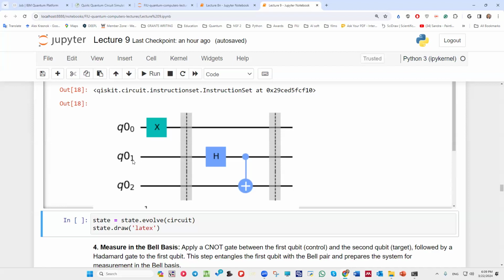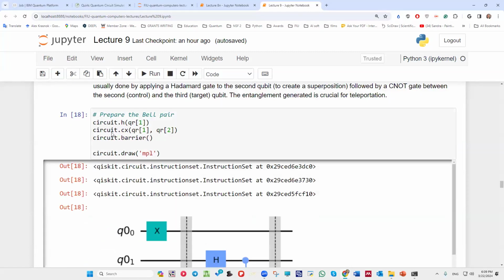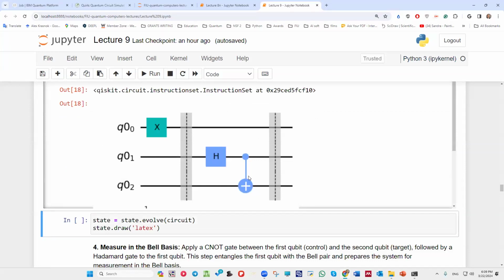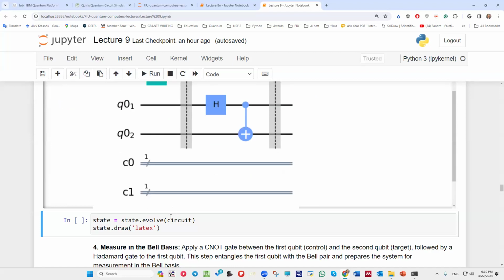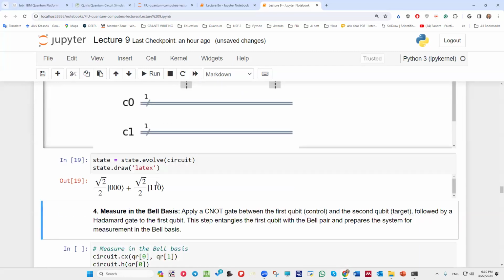The qubit 1, she shares this qubit, she entangles this qubit with Bob's qubit, which is qubit 2. Okay, so at this stage, at this step 3, Alice and Bob create the shared entangled pair of qubits, qubit 1 and qubit 2. And this is the state of the entire system.